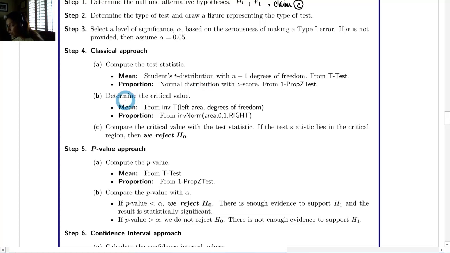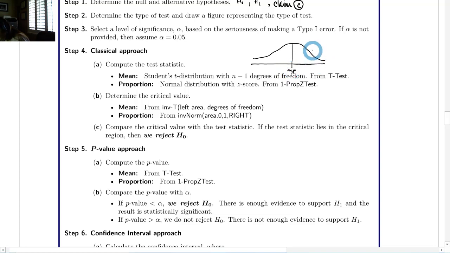Okay, then you're going to determine the critical value, and then you're going to compare the critical value with the test statistic and see whether or not we would reject the null. It's the same way as the p-value. So if I just drew it here, here's the population parameter, whatever that is, so it's a mu or a p.